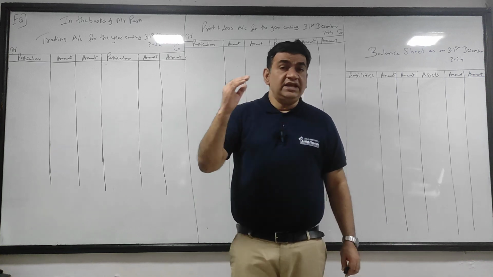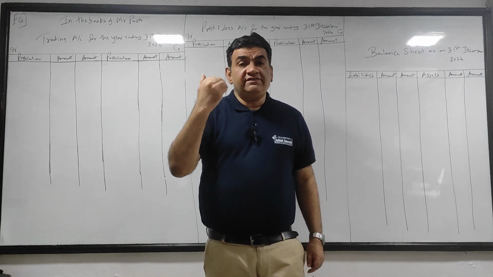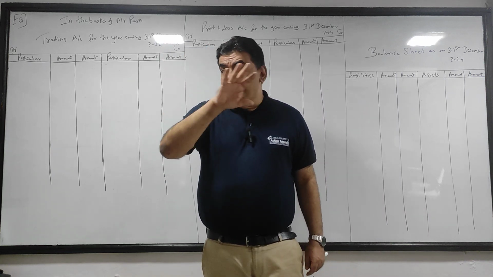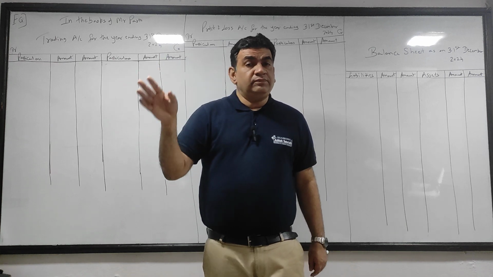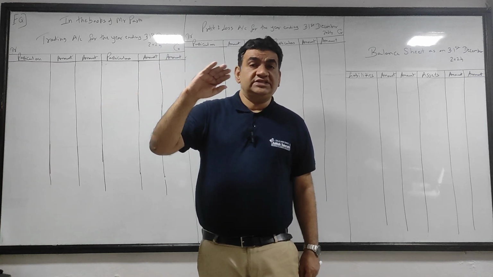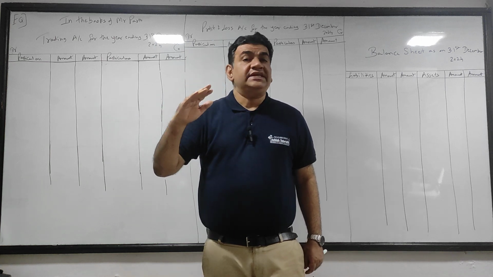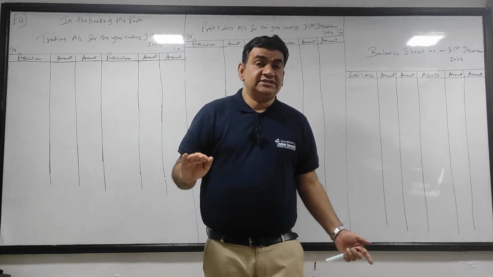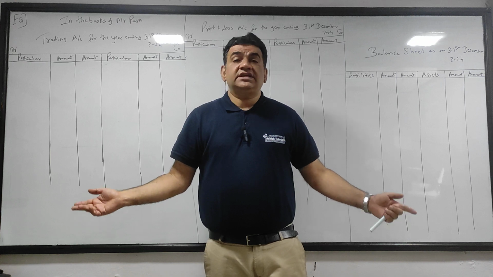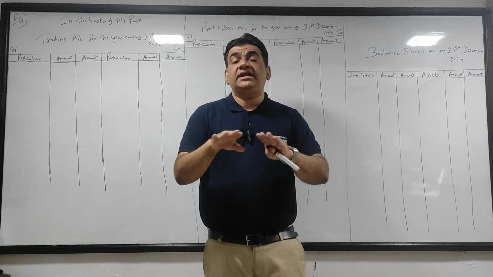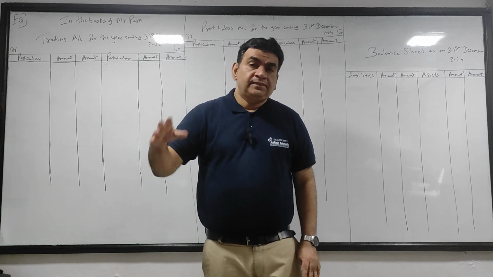Anyway, meaning of trial balance is, you all have done ledger, correct? When you make ledger, after posting journal into ledger, we balance it. Ledger account will show either debit balance or credit balance, and in few cases it will show a zero balance when the debit and credit both sides are equal.